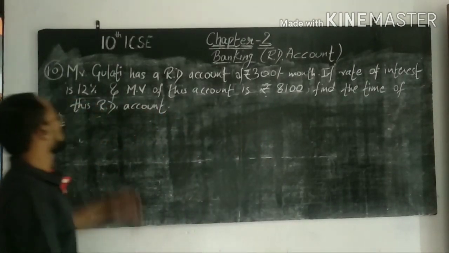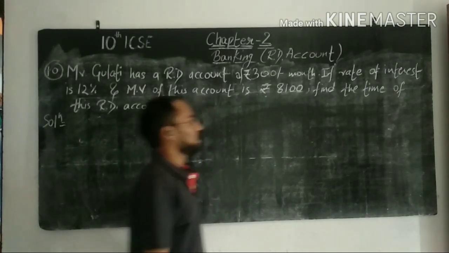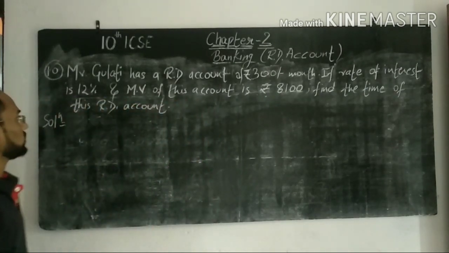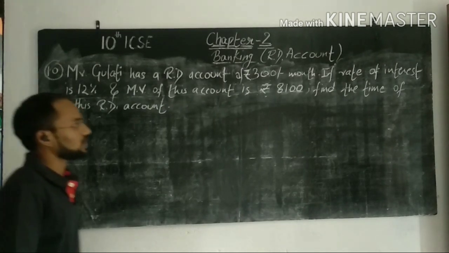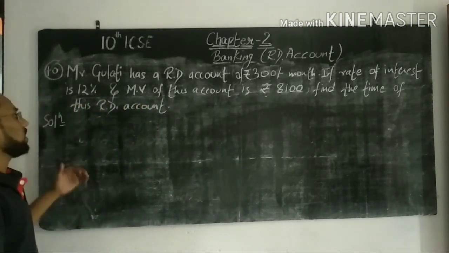So in this question, Mr. Gulati has an RD account of rupees 300 per month. If the rate of interest is 12% and the maturity value of this account is rupees 8,100, find the time of the RD account.